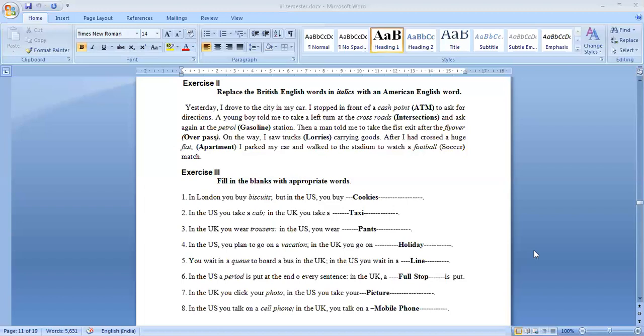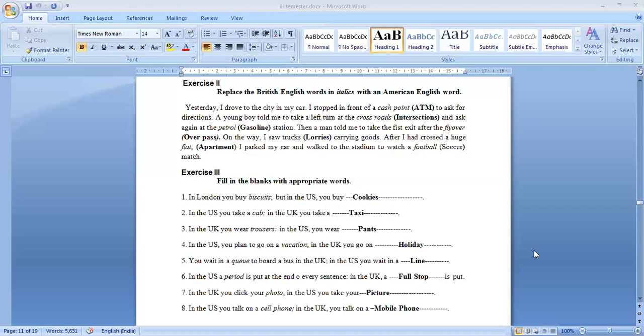The word used by the British people is cash point, whereas Americans use the word ATM for cash point, to ask for directions. So I stopped at a cash point because I wanted to know some directions.